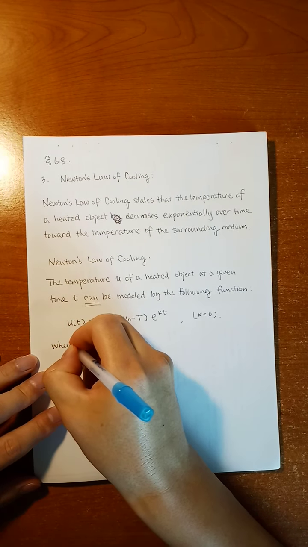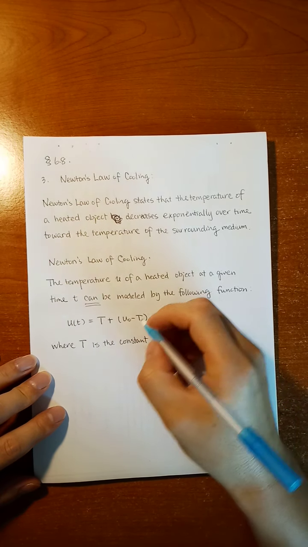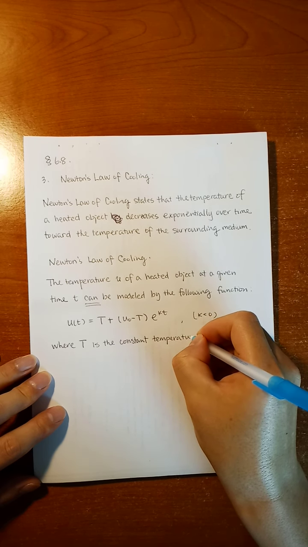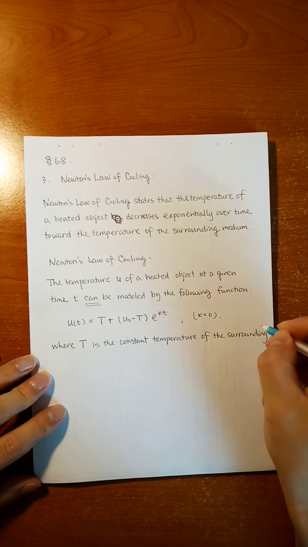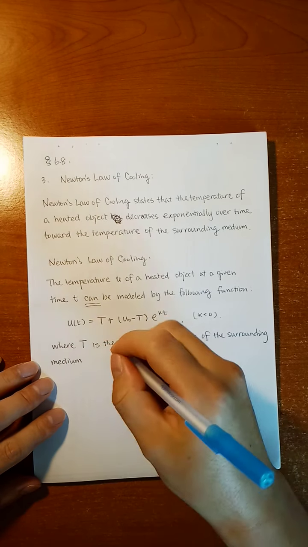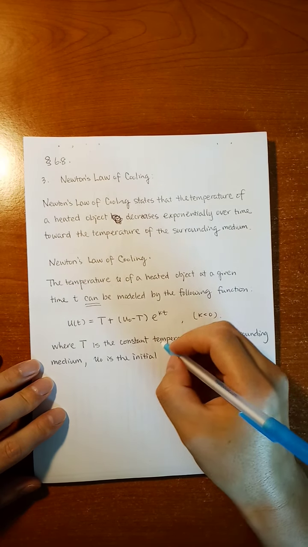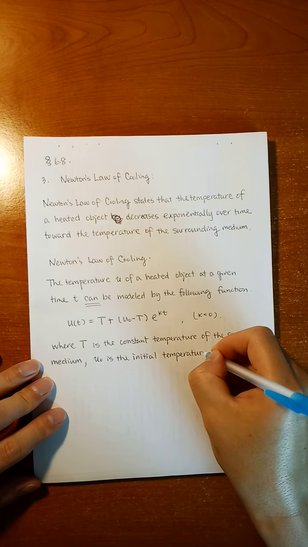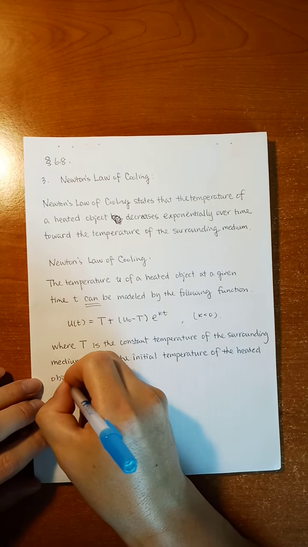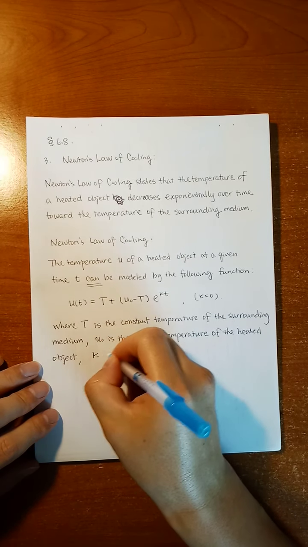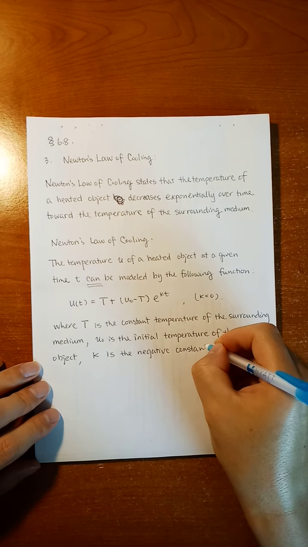Let's talk about those constants, where capital T is the constant temperature of the surrounding medium, U sub 0 is the initial temperature of the heated object, and k is a negative constant.